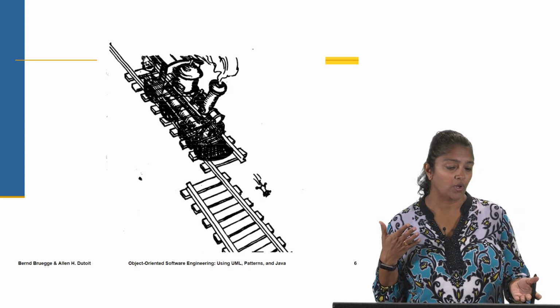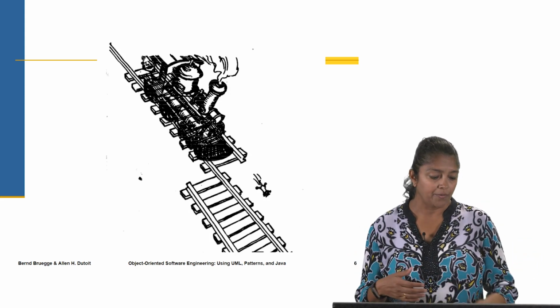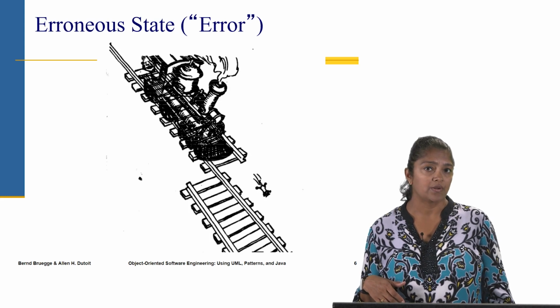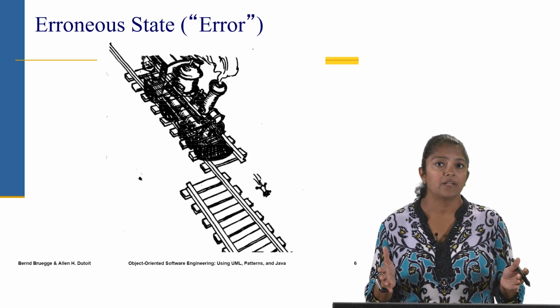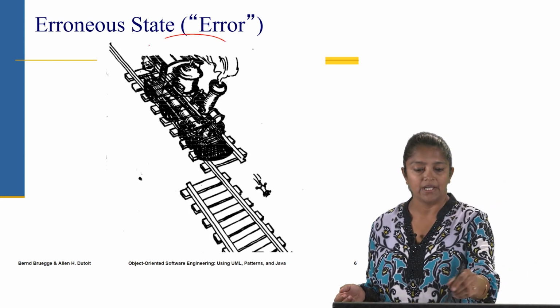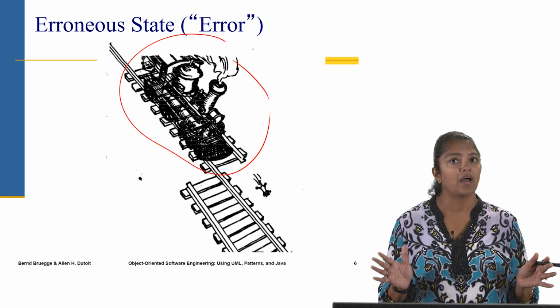Then what is this? What do you see now in the picture? In this case, this is an erroneous state or an error. The reason for that is that a failure hasn't happened yet. We see that the engine is still on the track. So nothing bad has happened yet.